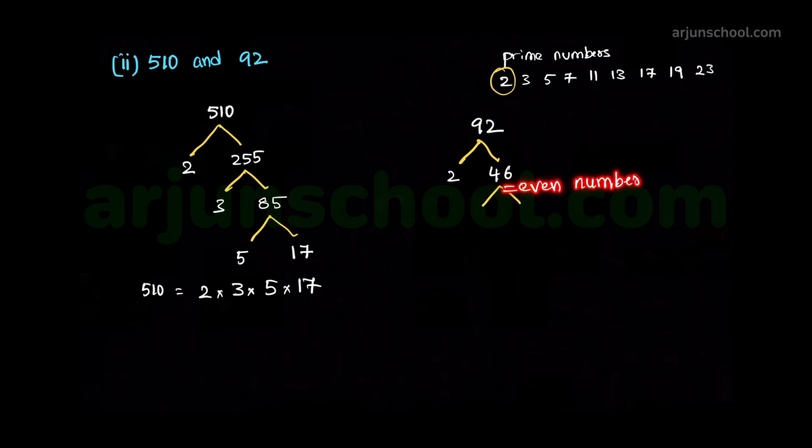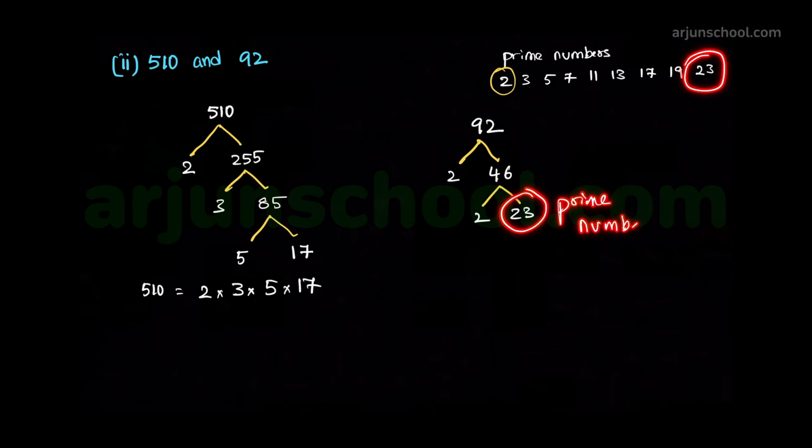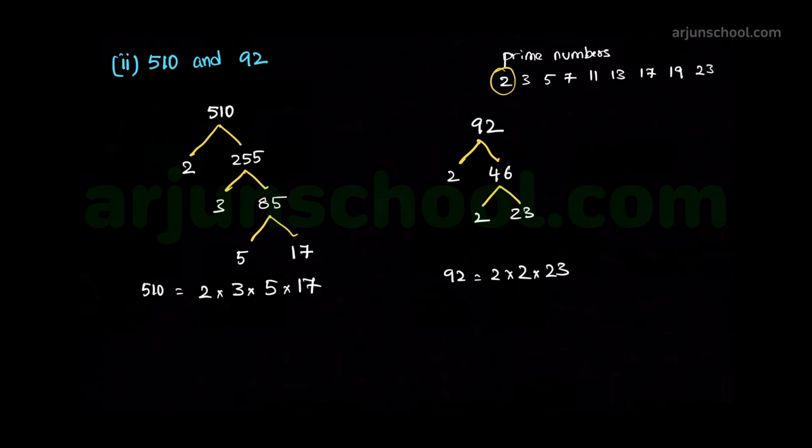Therefore, 46 is divisible by 2. Divide 46 by 2. We get 23. Now we have 23. 23 is already a prime number. Therefore, we can stop the prime factorization of 92. Therefore, we have 92 is equal to 2 times 2 times 23, which can be written as 2 square times 23.